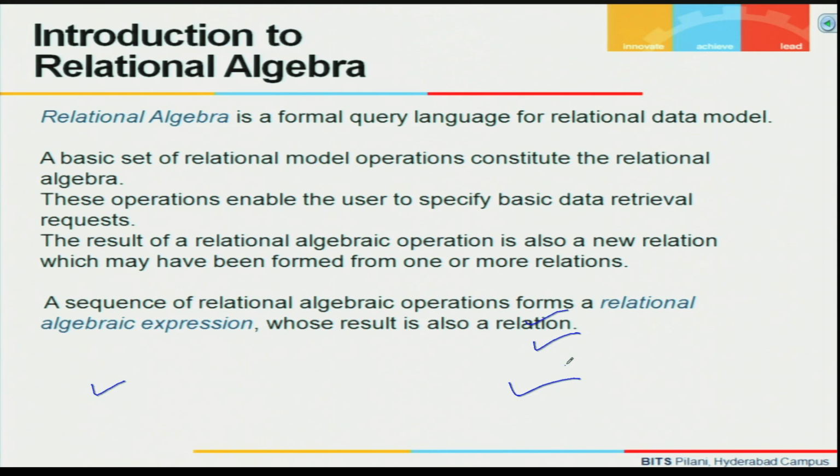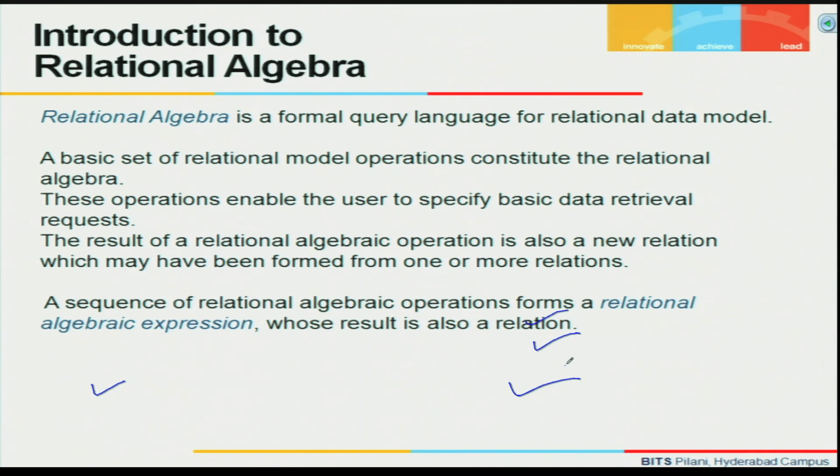Relational algebra is a formal query language for the relational data model. A basic set of relational model operations constitutes the relational algebra. These operations enable the user to specify basic data retrieval requests. The result of a relational algebraic operation is also a new relation. Relation here means we can think of it as a table, and this new relation may have been formed from one or more relations.